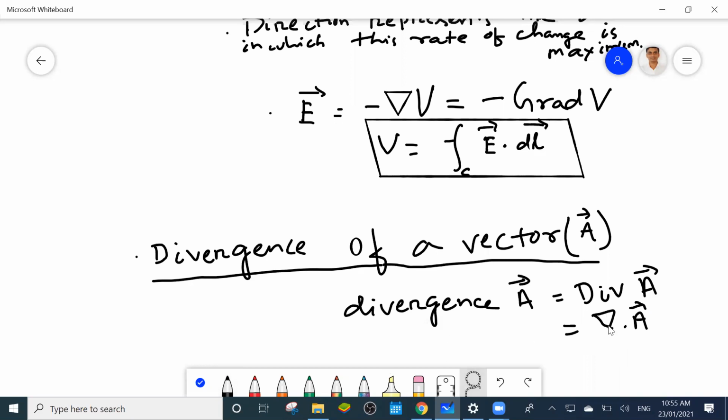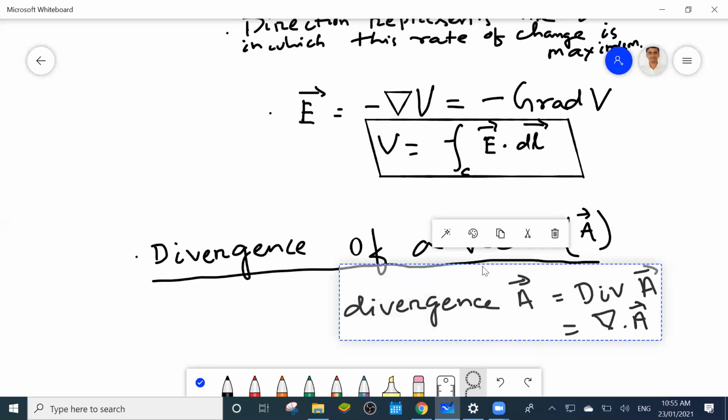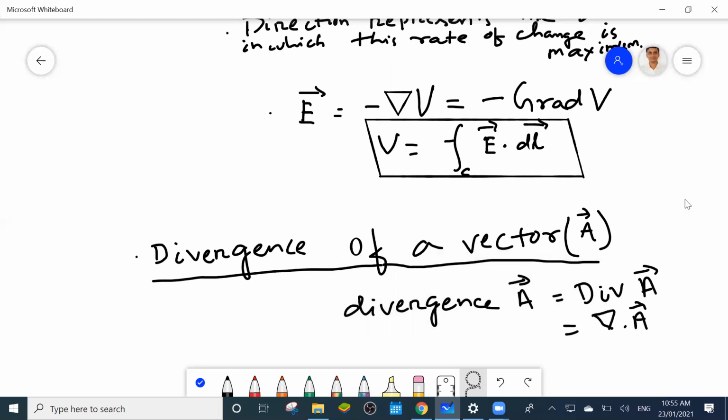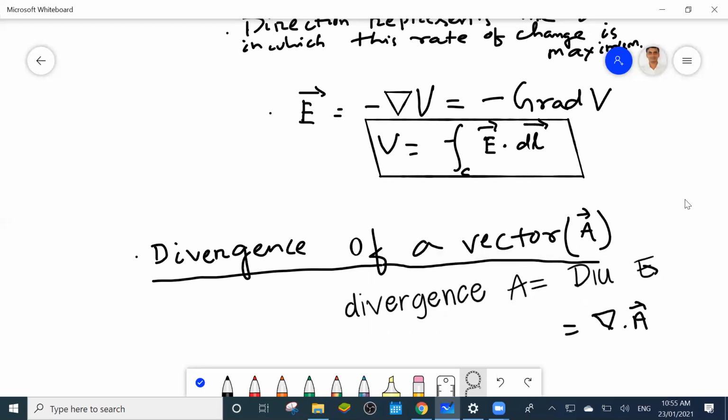In gradient that was only del V or del A. Here only one dot is there. So this is the notation difference.